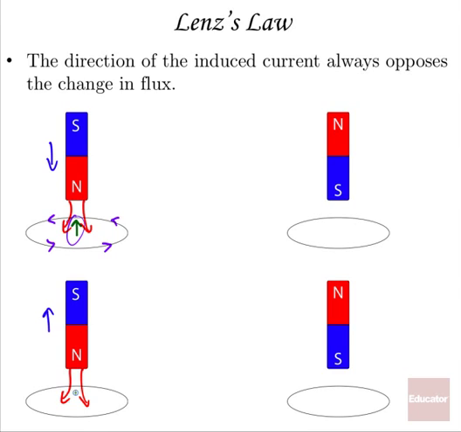If we have less going down, it's going to want to oppose it by having more flux going down. Now we can use our right-hand rule again, point our thumb of our right hand in the direction of that magnetic flux that's opposing, and we would get a current flow by the right-hand rule that's now in this direction, using Lenz's law to determine the direction of the induced current.